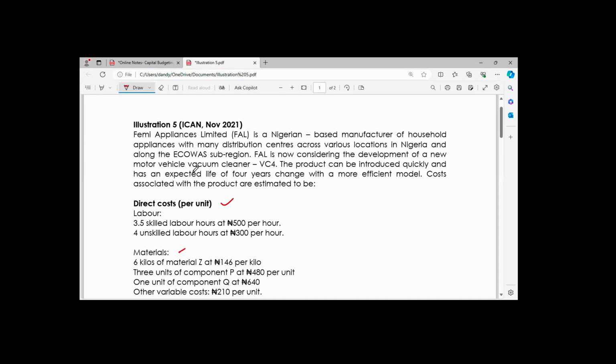The product can be introduced quickly and has an expected life of 4 years. I will underline this, expected life of 4 years with a more efficient model.